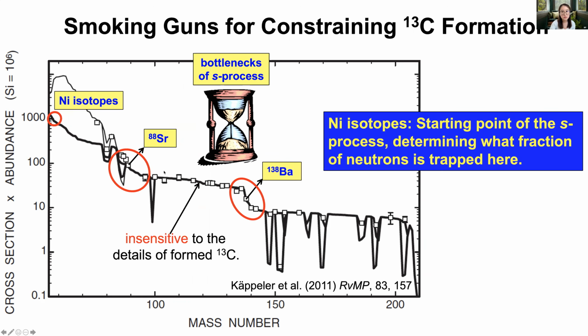Then nickel, strontium, and barium isotope ratios together act as three monitors along the s-process path. And by knowing their abundances in mainstream grains, we can closely trace the neutron flow for the s-process in their parent stars.